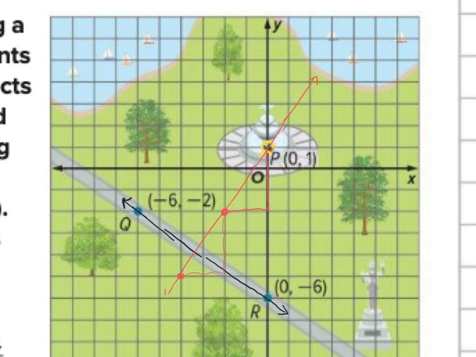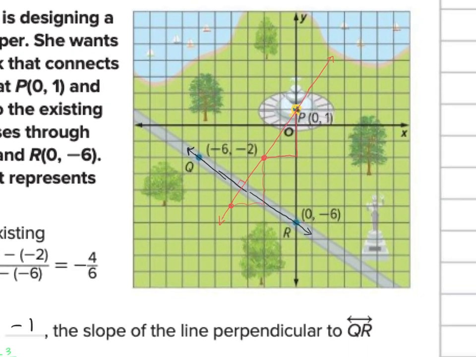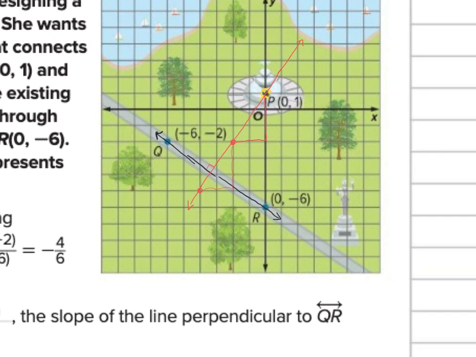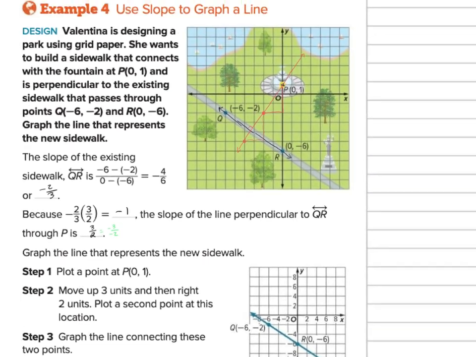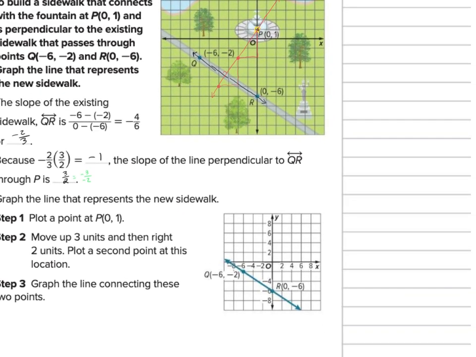That's what my perpendicular line is going to look like. And I can now have a good idea what's going on there. And again, that's what it would look like on that smaller graph.